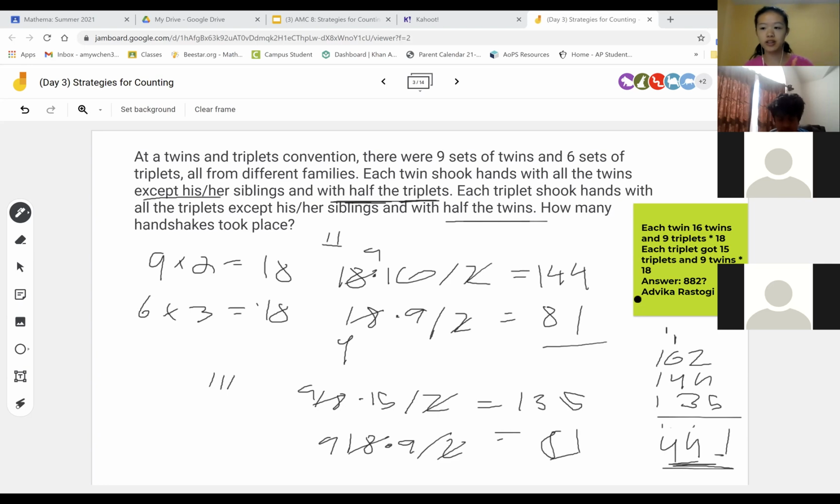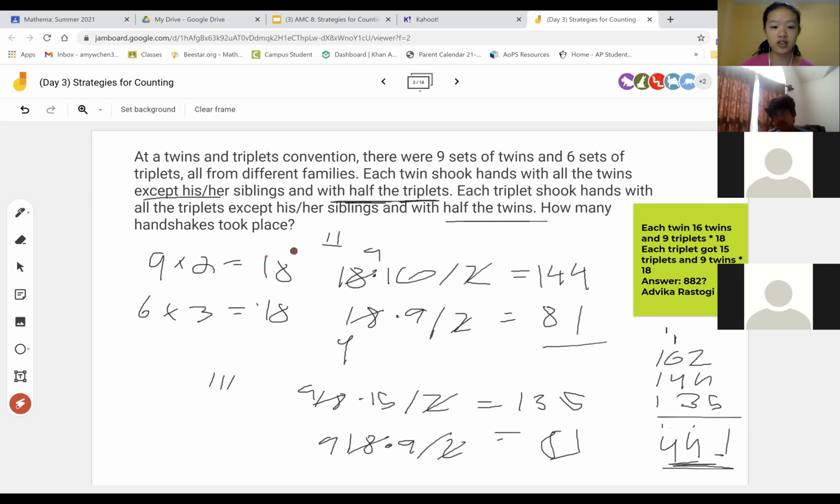Does everyone understand that? How did you get 135 and 81 again? Okay, for that one, here's my laser pointer. We have 18 triplets, right? And each of the triplets is shaking hands with half of the twins.